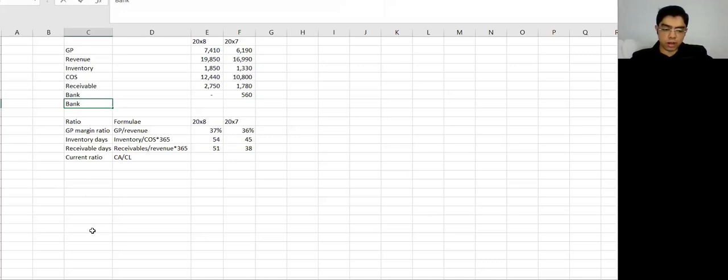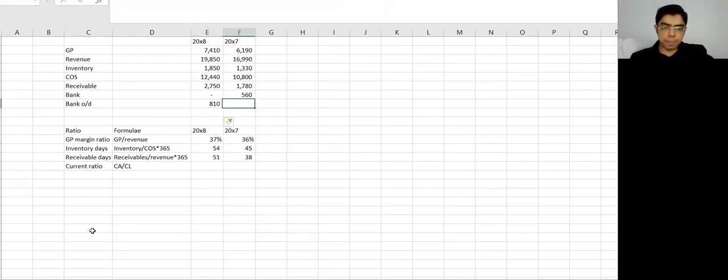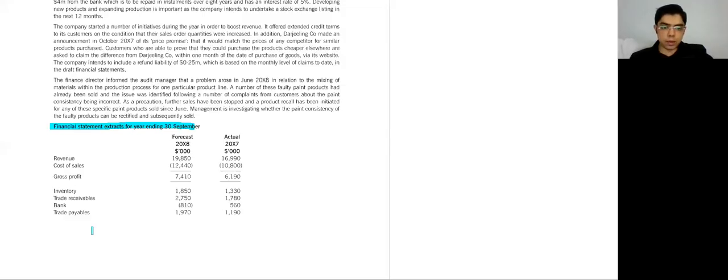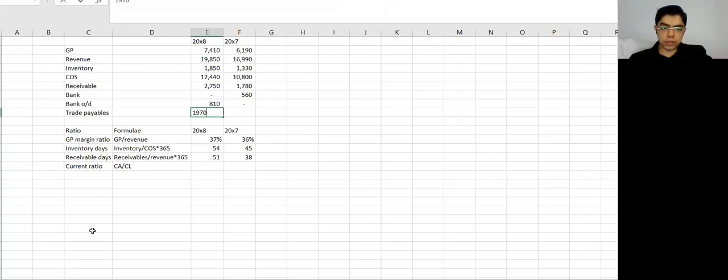Bank overdraft, which is a liability, is 810. Your trade payables number has also been given to you: 1970 in 20x8 and 1190 in 20x7. So you have these numbers worked out.